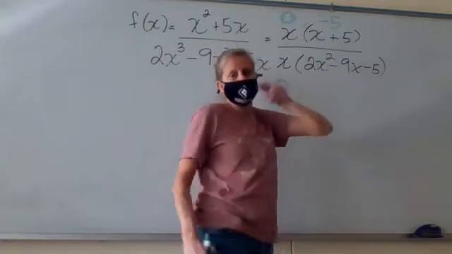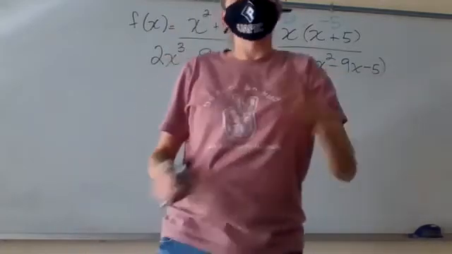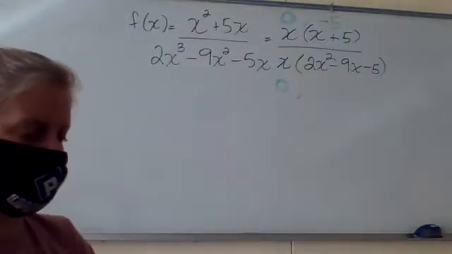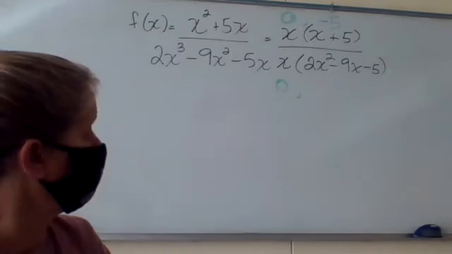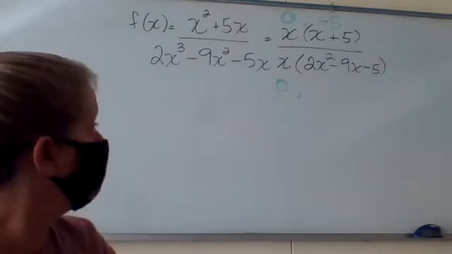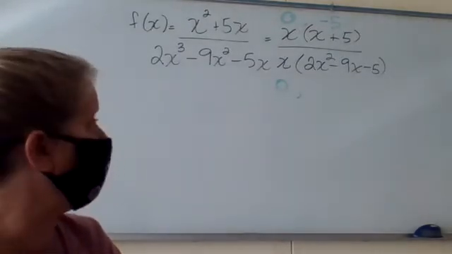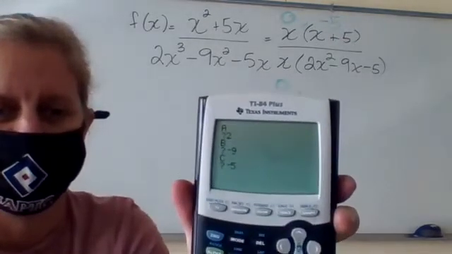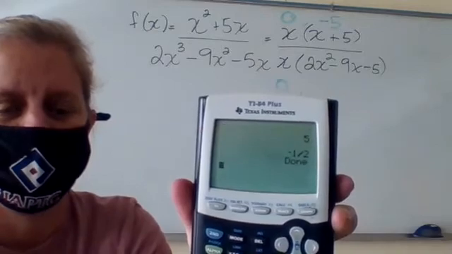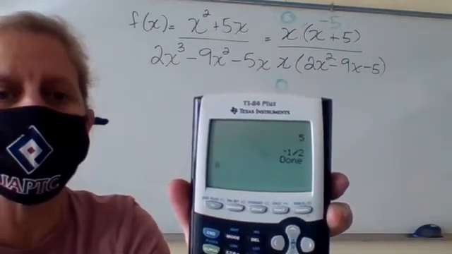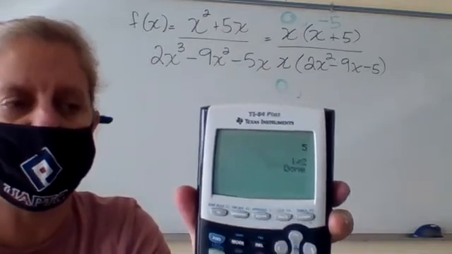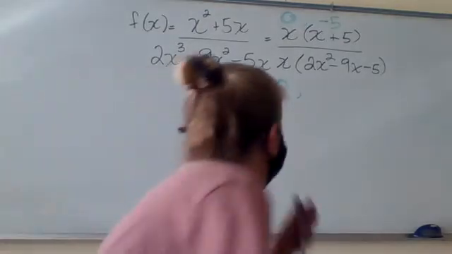Since it's x squared, it's going to create 2 more zeros. And since I don't want to factor that trinomial, I can use my quad program. So the A is 2, B is -9, and C is -5. So the zeros that are created by that factoring are 5 and -1/2.